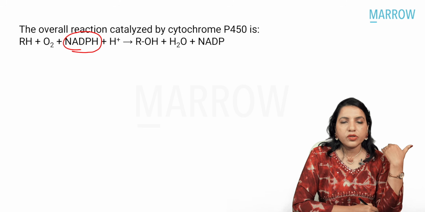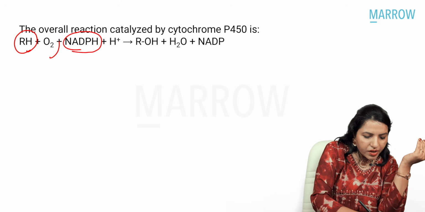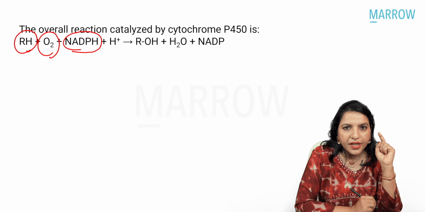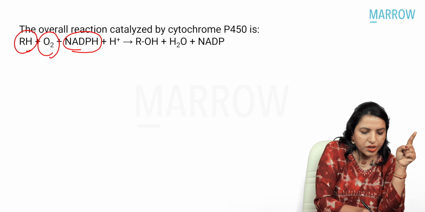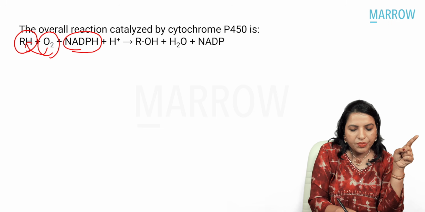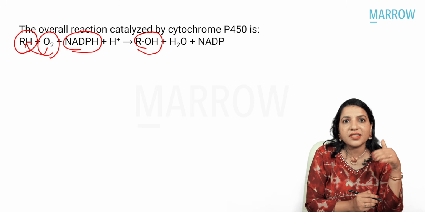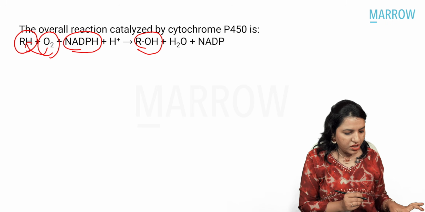This is a drug that we are taking, and this is the molecular oxygen being added. When this reaction occurs, only one atom of oxygen is added to the drug so that it becomes ROH, that is, it is getting hydroxylated. So this reaction is a hydroxylation reaction.